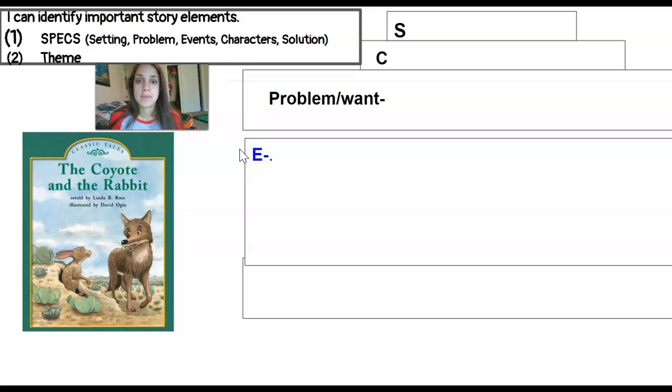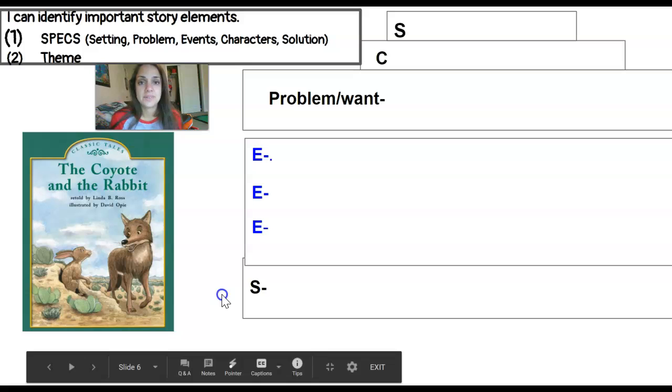So, what did Rabbit do first to get what he wants? Then, what did the characters do? What did the characters do after that? Now remember, use the characters' names and write complete sentences.